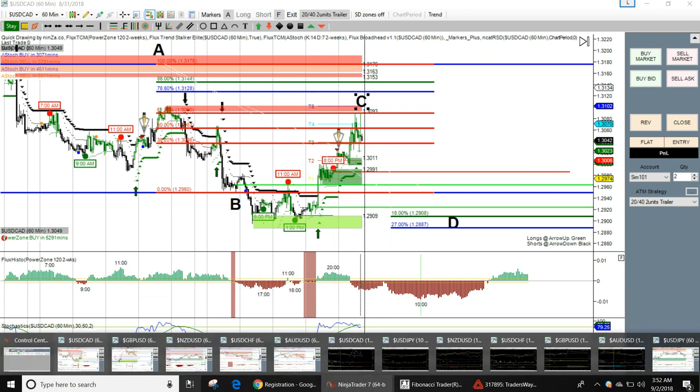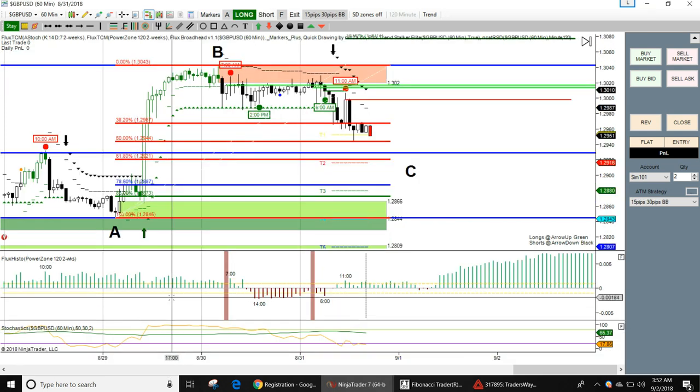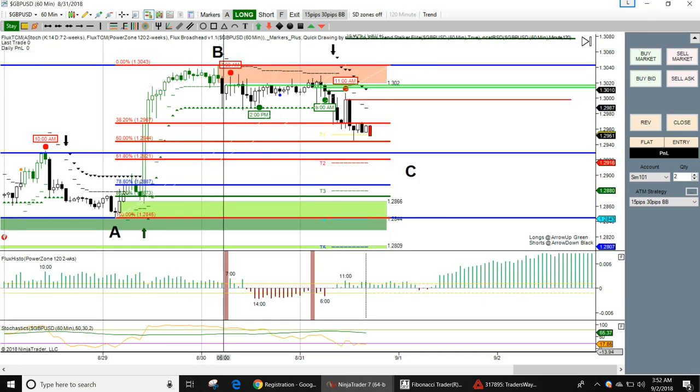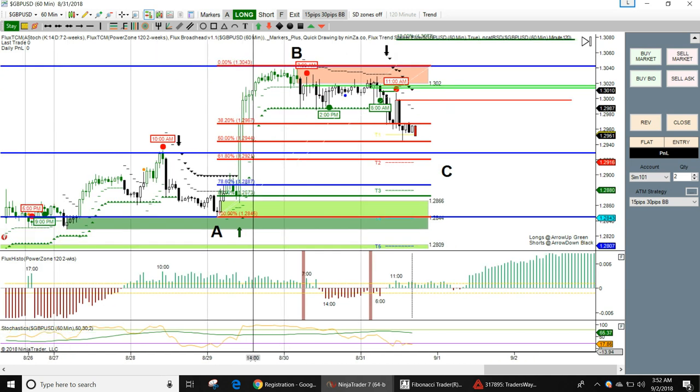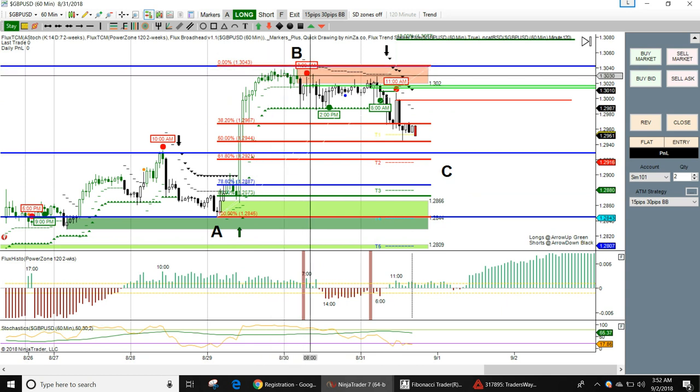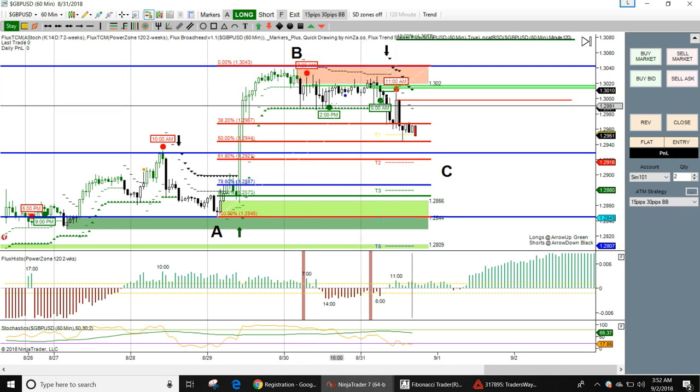All right, next up is going to be the Great British Pound US dollar. This had a trend reversal, and now we're in an upswing on the 60-minute time frame. So we got the A at 128.46, and the B is going to be here at 30.40. And now we're on a retracement on the sell market. Once we hit the extension, we start pulling back.